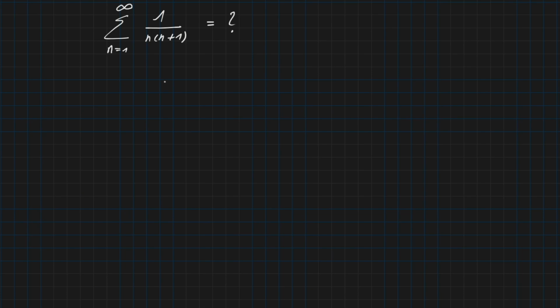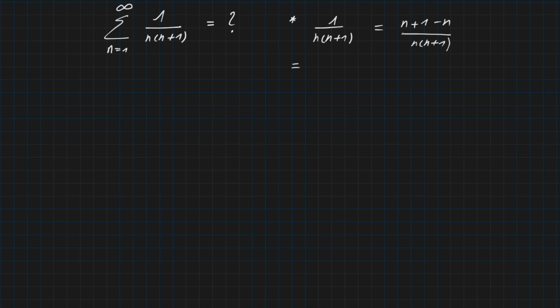get a result. So let's first note down that 1 over n times n plus 1 is the same as n plus 1 minus n over n times n plus 1. It's actually the same because in the numerator we just added 0, which is n minus n. So we can look at this bracket in the following way.